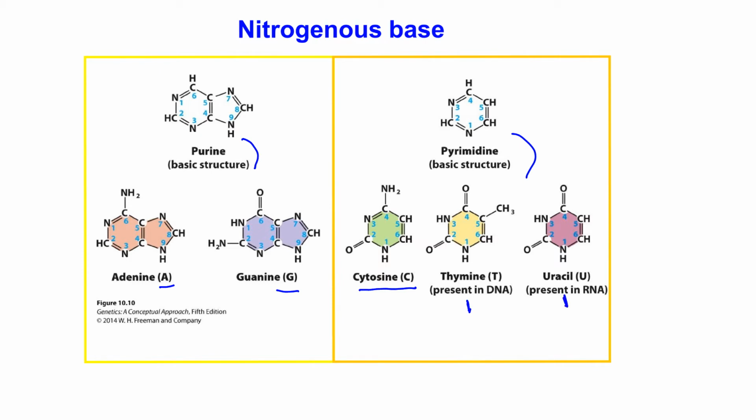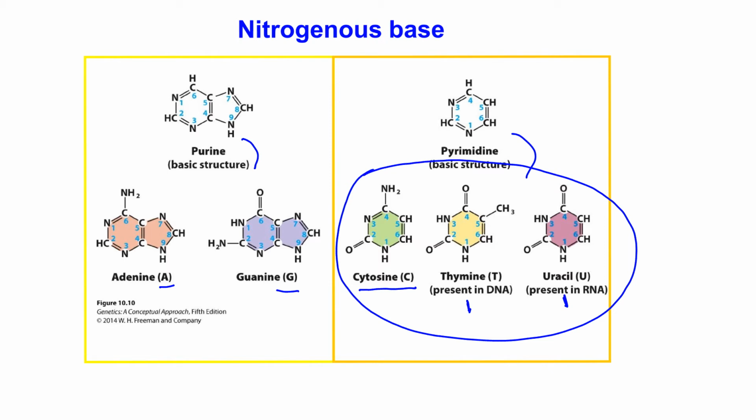If you compare members of each group, whether you compare 2 purines or 3 pyrimidines, you have to realize that they have a common structure. What they differ in are the functional groups attached to certain carbons and the position of double bonds.